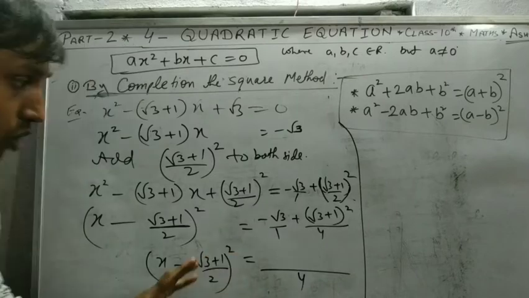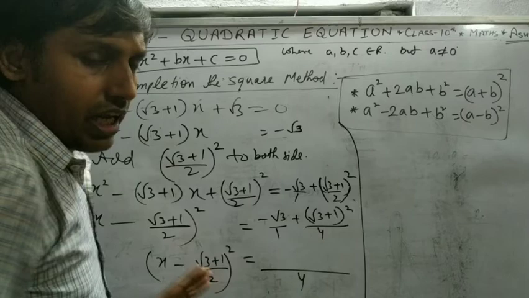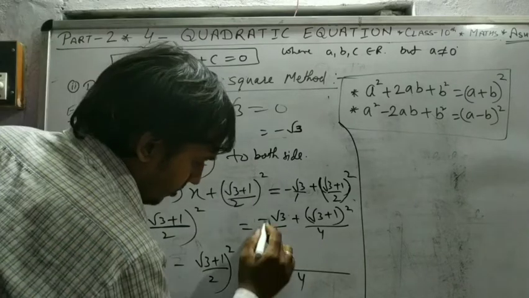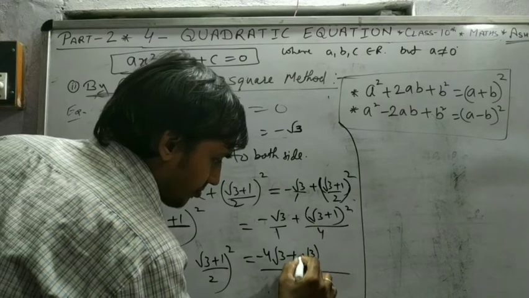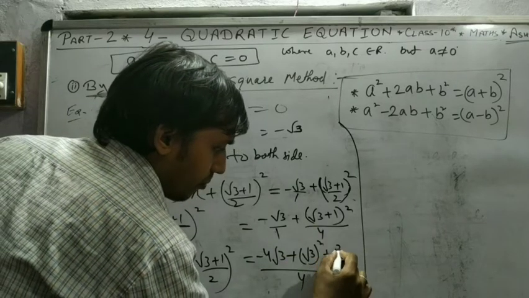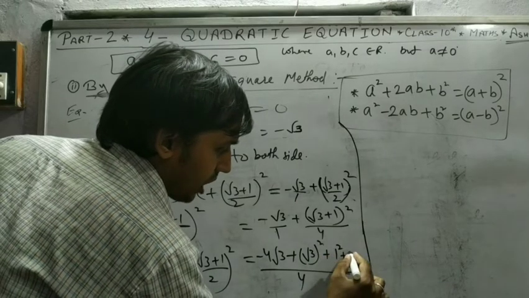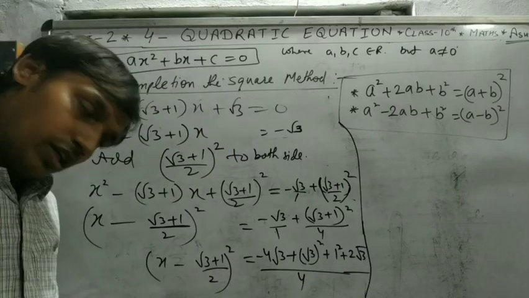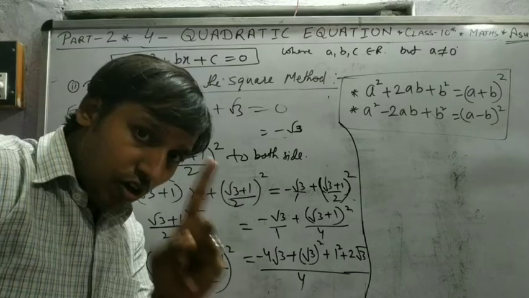So you have to solve by thinking in your mind that it makes a minus b whole square. Let's see how. 4, root 3 square, plus 1 square, plus 2ab, that is 2 into root 3 into 1. It can be solved.